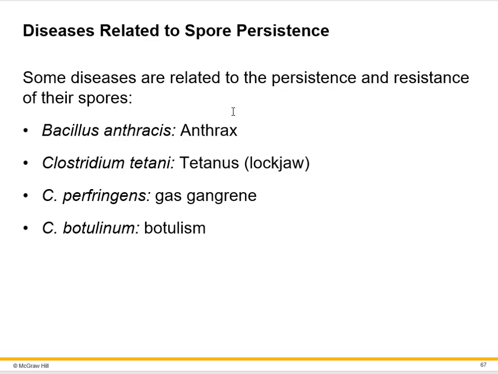The toxin from this bacteria is also used in Botox treatments. So those are some of the diseases related to spore persistence. But Bacillus is an aerobic bacteria, and Clostridium are anaerobic bacteria.